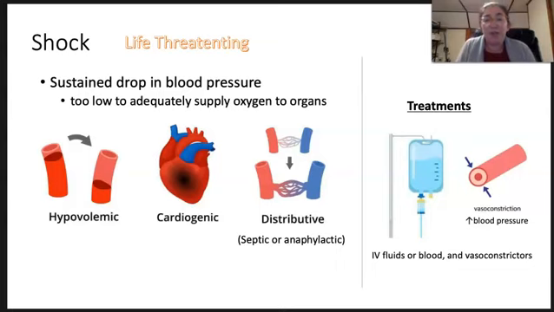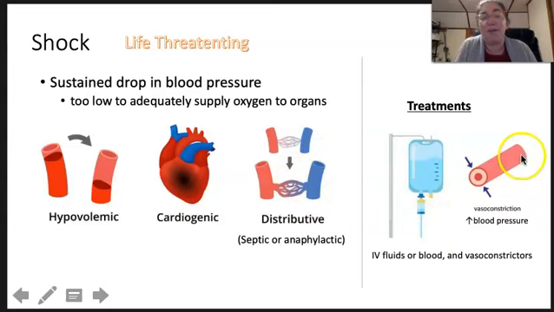So the treatments for shock will vary a little depending on which type of shock it is, because if it's hypovolemic, we just want to replace fluids, particularly blood. We really want to replace blood. So trade out this IV bag with a blood transfusion. Versus if it is distributive, so if it's due to vasodilation, we probably don't need to add more blood volume.